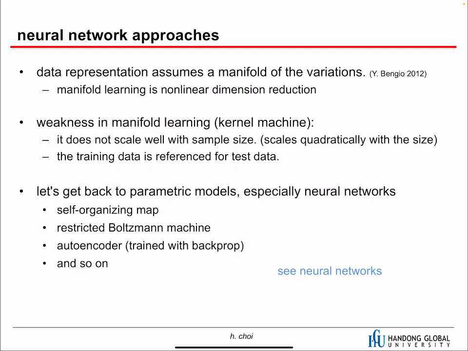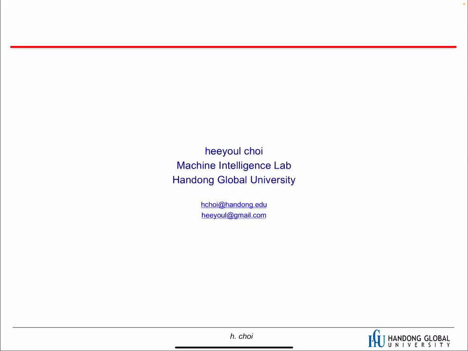In 2006, Geoff Hinton and his student published a paper in Science about autoencoders. They stacked many autoencoder layers, and with this deep autoencoder they achieved really good performance in nonlinear dimension reduction. That was the beginning of the deep learning era. We'll talk about neural networks in detail in the neural networks chapter. Okay, this is it. Thank you.